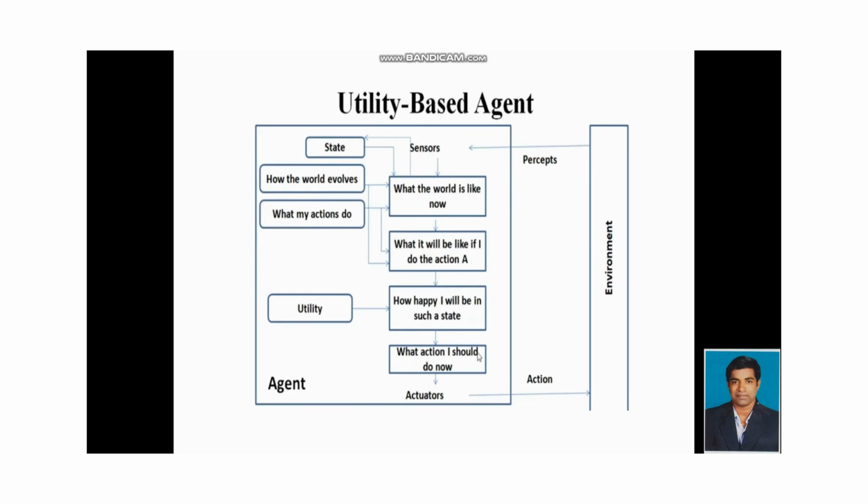Those inputs are given to how happy I will be in such a state, and what action I should do now. Now the actuator takes the best action, which gives high performance, goal oriented actions on the environment.